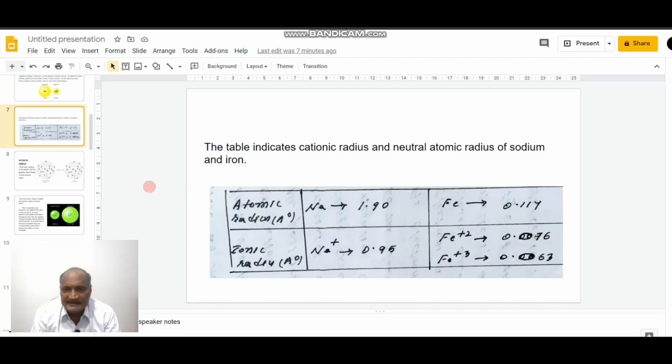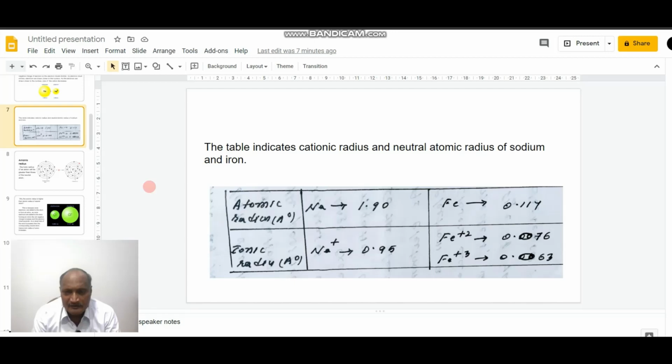The table indicates the cationic radius of the sodium cation and of iron in the form of ferrous as well as ferric ion. From the neutral sodium atom, as we remove one electron, it forms a sodium cation, showing a decrease in ionic radius.